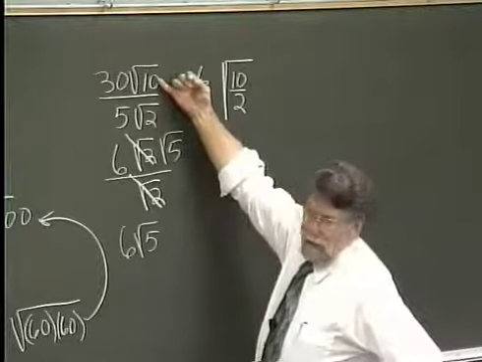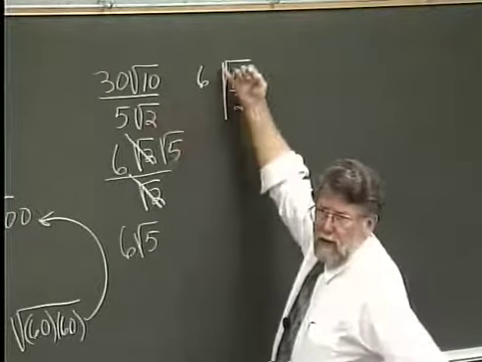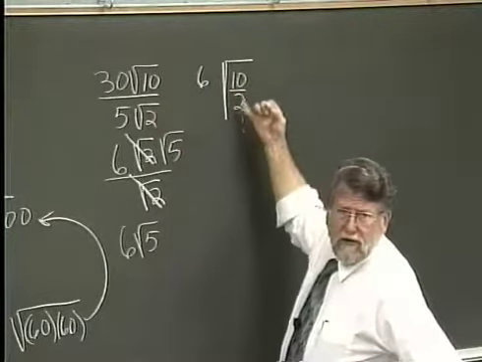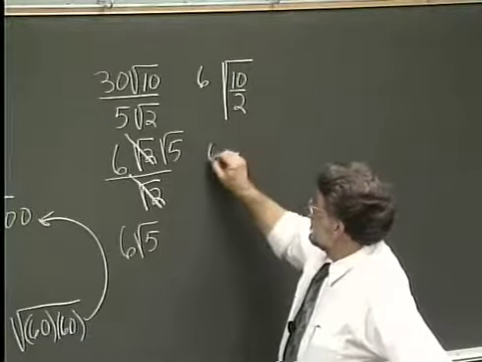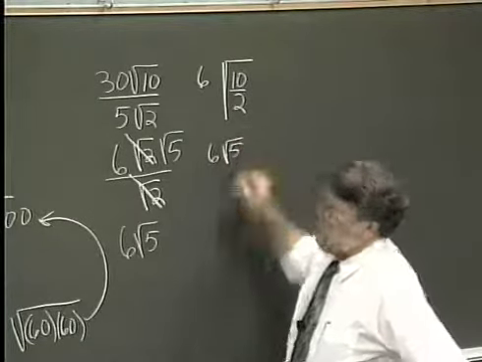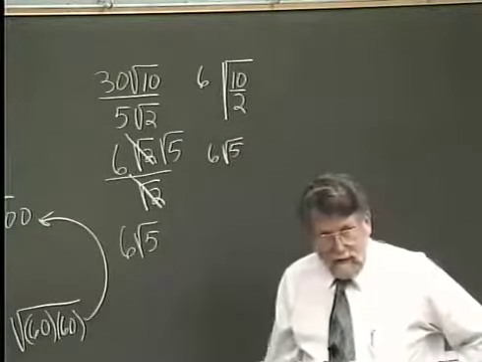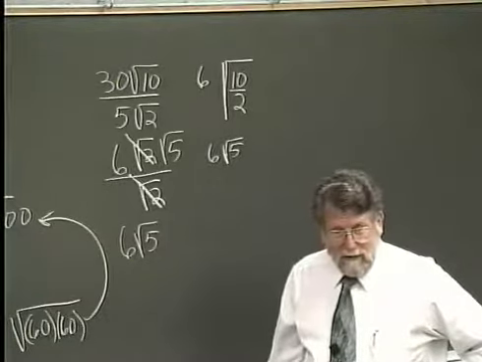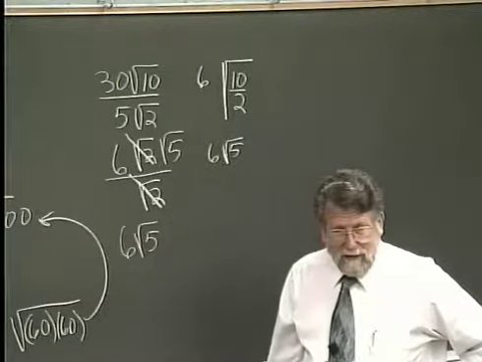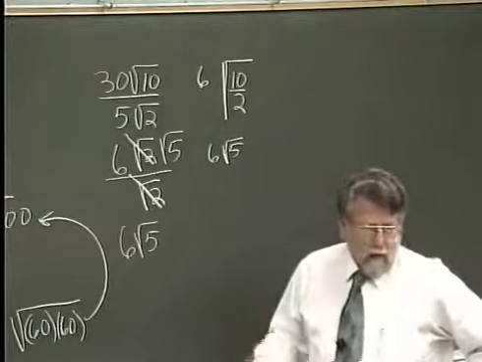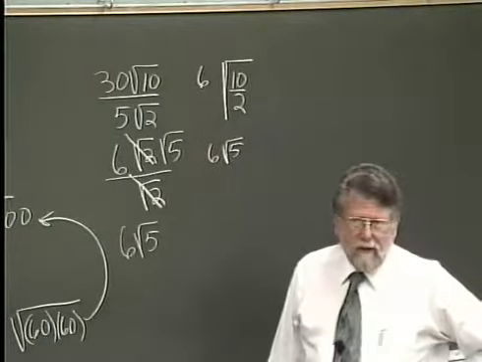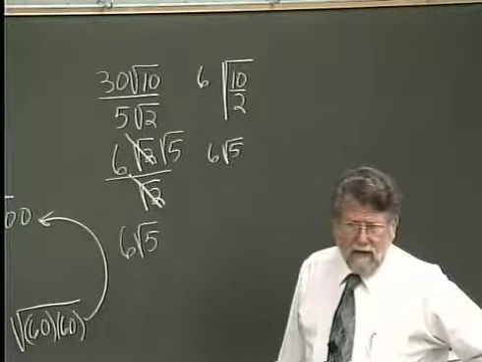This is the quotient of the radicals; this is the radical of the quotient. And 2 into 10 is 5, and you get 6 square root of 5. It's not a case where there's only one way to do it. You have a choice. Any discussion there?